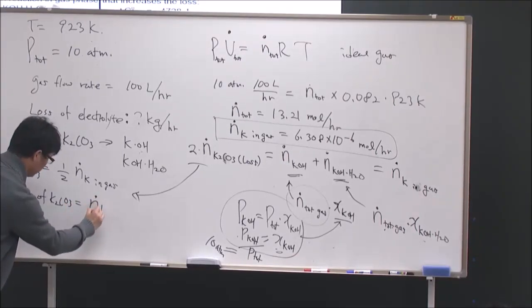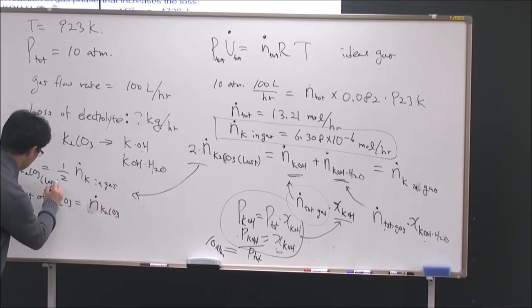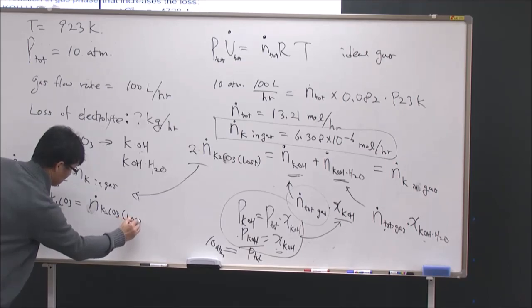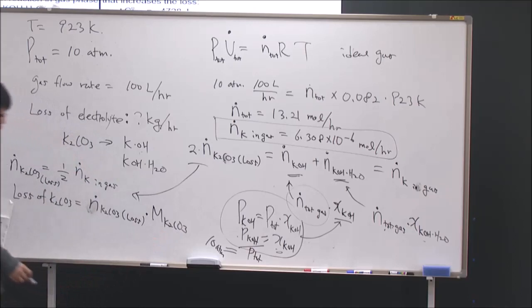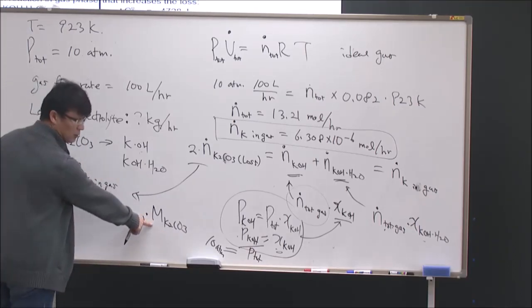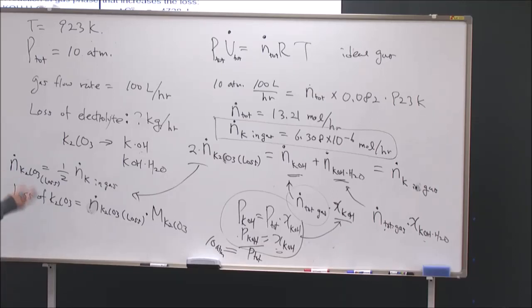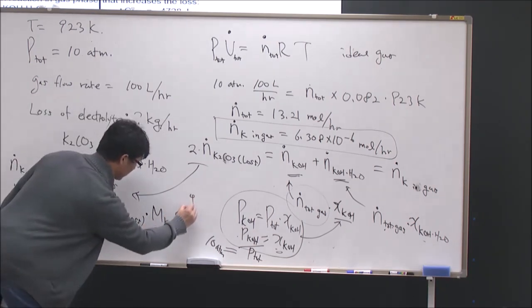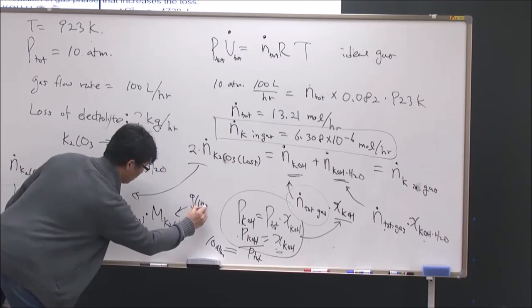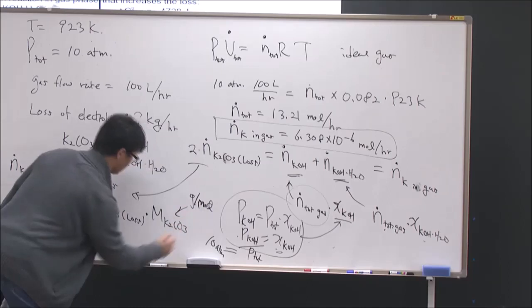So the molar weight is gram per mole. If you multiply this one, you know how many grams of K2CO3 are lost.